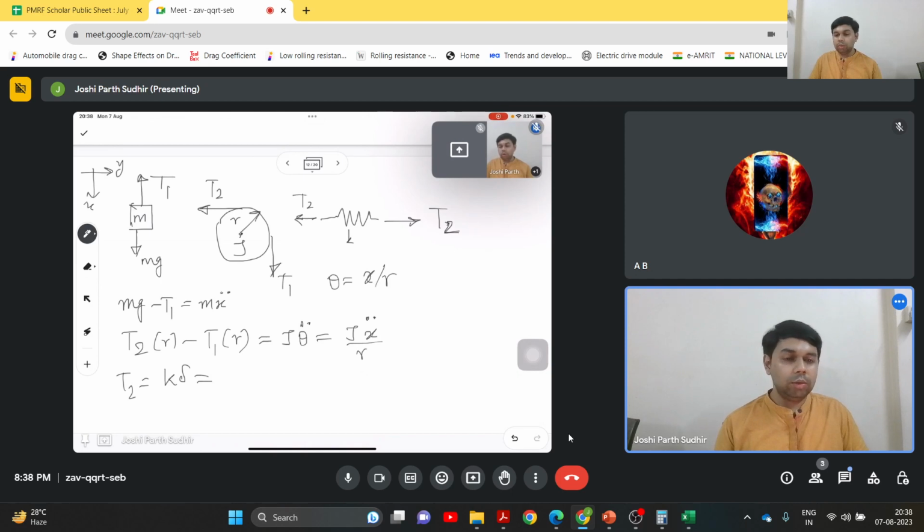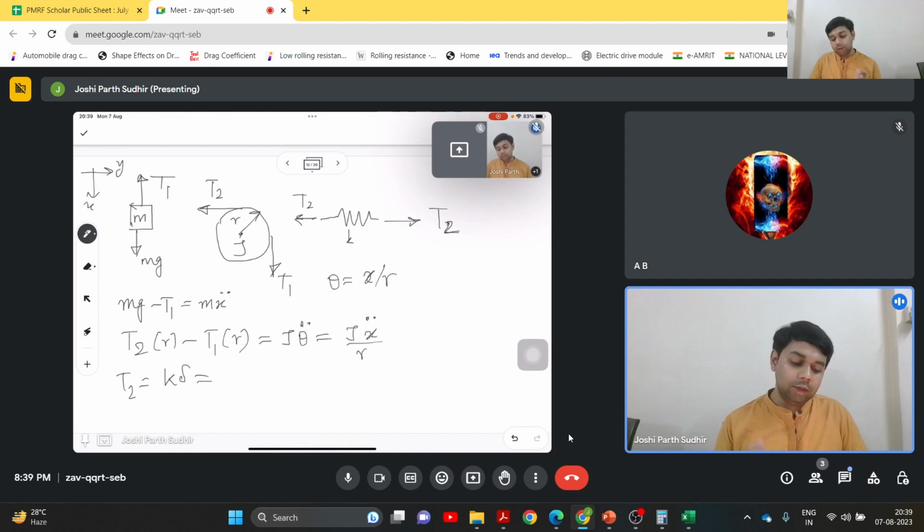Because if x is with respect to the equilibrium position, then we actually do not need to consider this force mg, because in that case we are already accounting for the equilibrium position, so we don't need to consider the force mg.